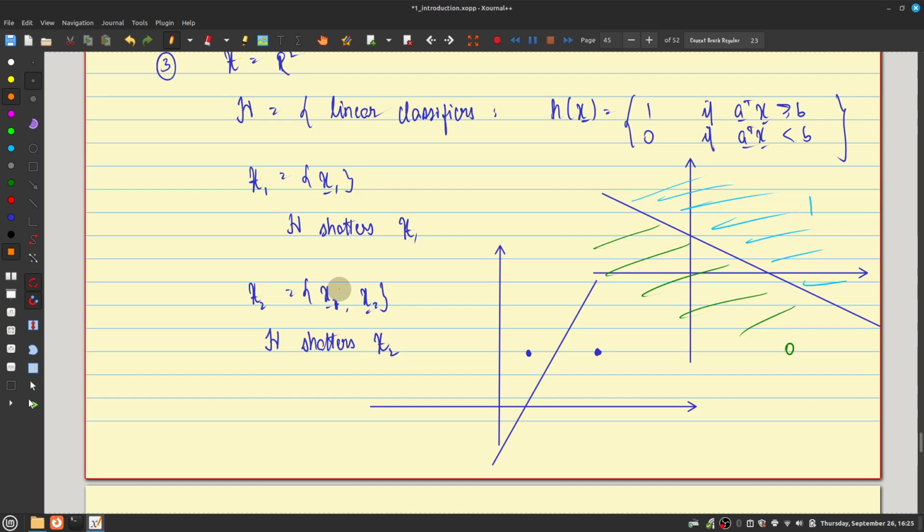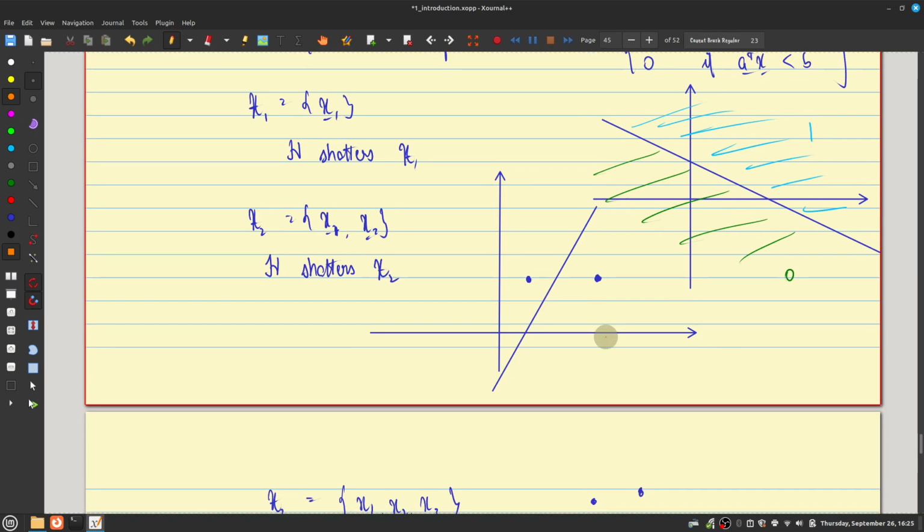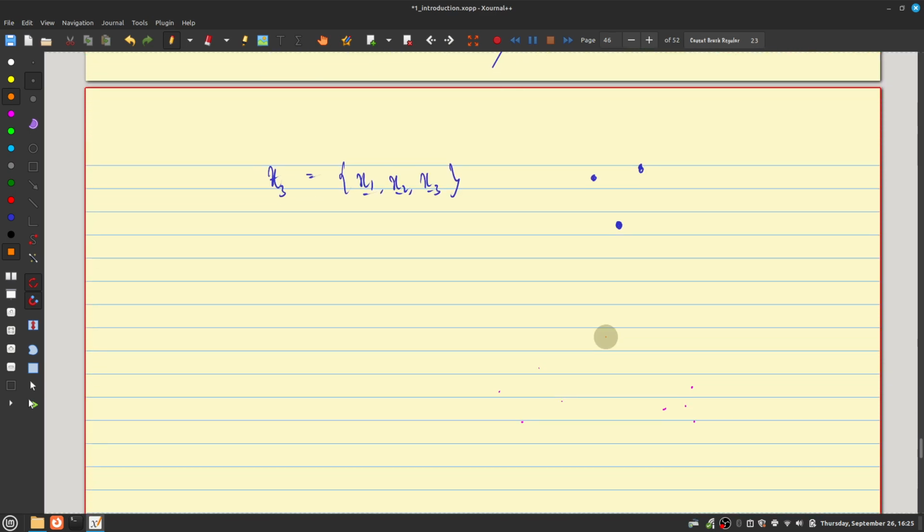You take any 2 points, and you can generate all 4 combinations. Either you take a hyperplane with both the points on one side, or the hyperplane passing in between the 2 points, something that separates the 2 points. Okay. So that's fine. But now let's go to the case m equal to 3.